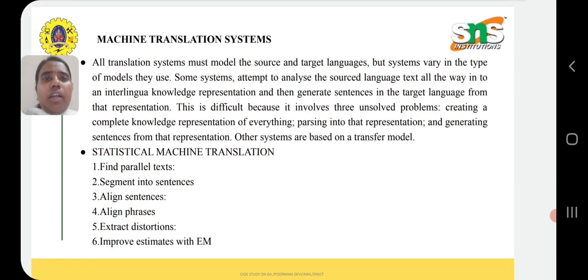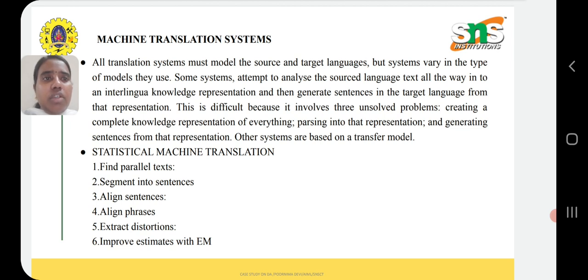All translation systems must model the source and the target languages, but systems vary in the type of models they use. Some systems attempt to analyze the source language text all the way into an interlingual knowledge base representation, and then generate sentences in the target language from that representation.